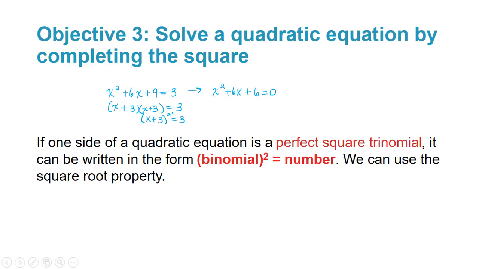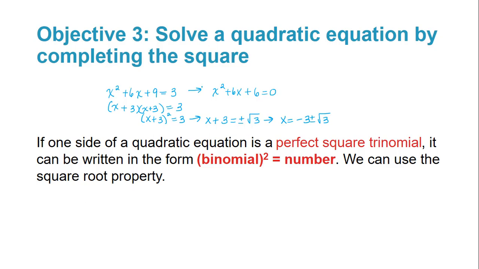And then hopefully this looks like the property that we applied in the last lesson, the square root property, which states that x plus 3 is equal to plus or minus the square root of 3. So x is equal to negative 3 plus or minus the square root of 3.